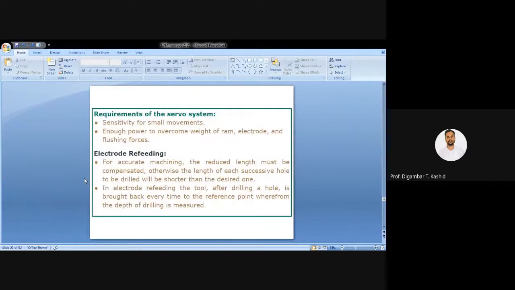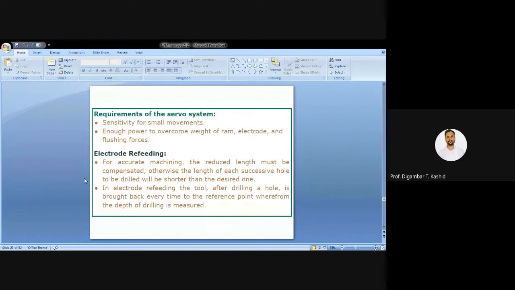Another subcomponent of the servo system is electrode refeeding. Electrode refeeding is required for accurate machining, because the reduced tool length must be compensated. If you supply the tool continuously towards the workpiece, then with sparking, small quantities of metal are removed from the tool surface also.